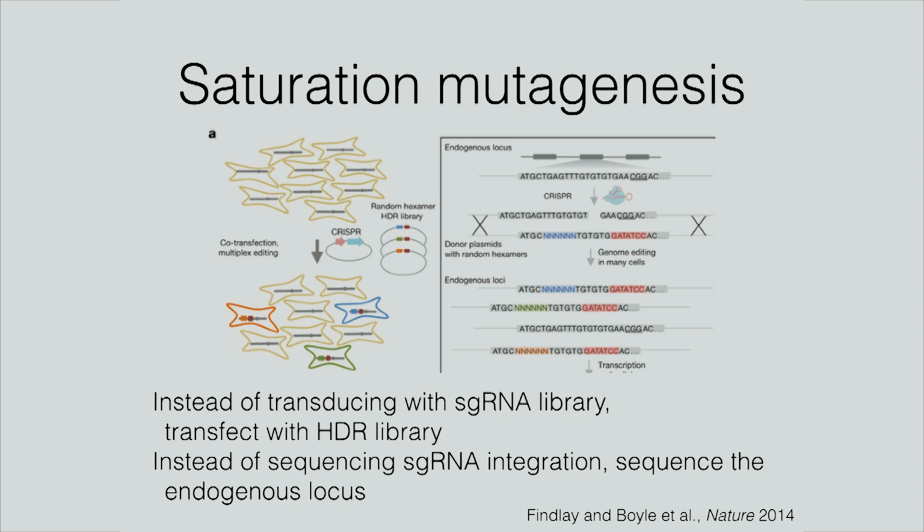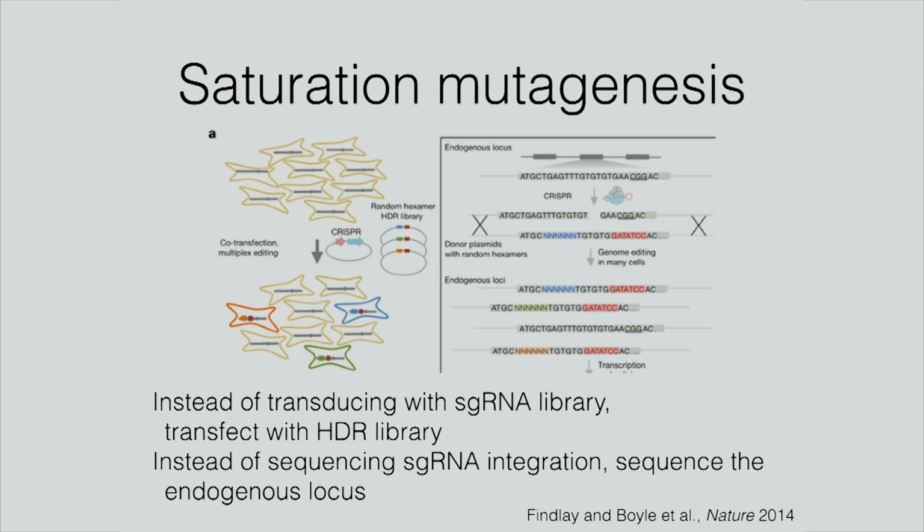And then finally, one really nice paper from Jay Shendure's lab at the University of Washington kind of took the library design on its head, and instead of saying we want all these sgRNAs making mutations everywhere, what if we really saturate one region, make the library not of the sgRNA, but of a homologous recombination template? And so that's what they did.